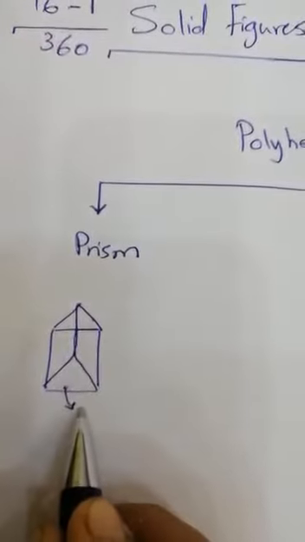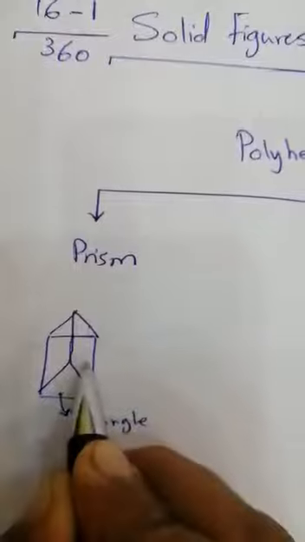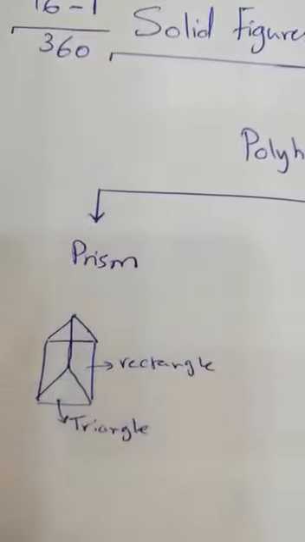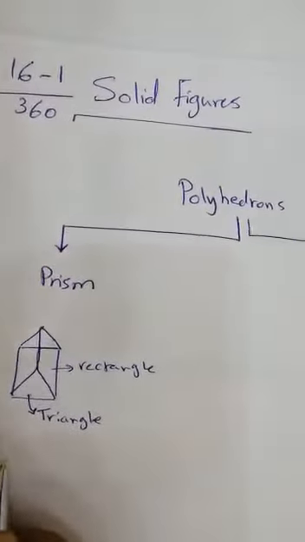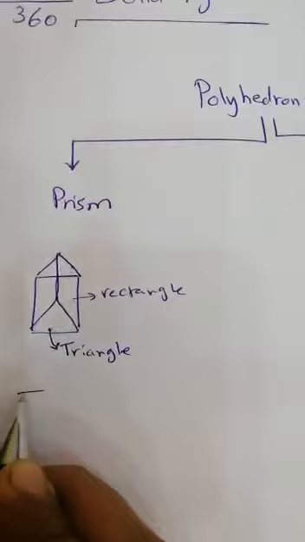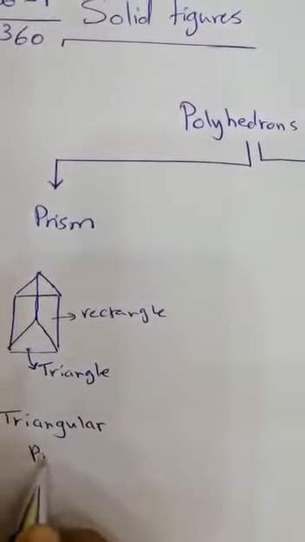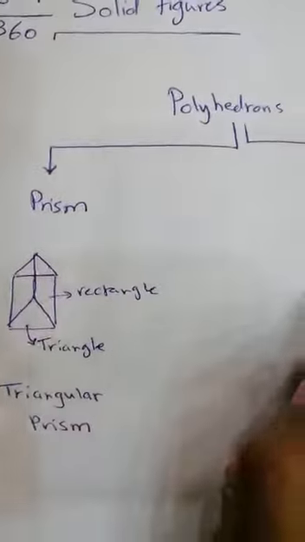The base here is a triangle and the other faces are rectangles. We name the prism by the base, okay? We name it a triangular prism, okay?